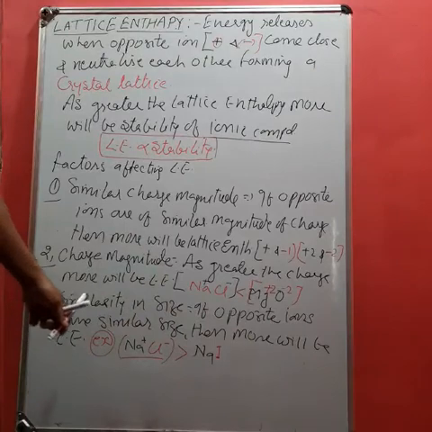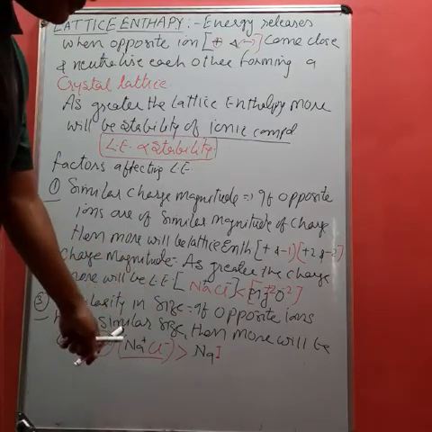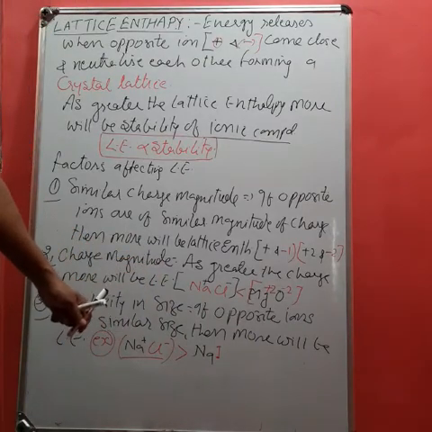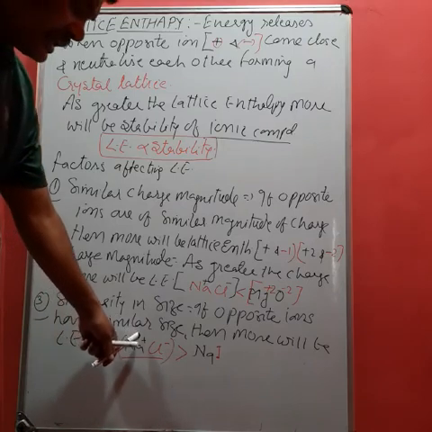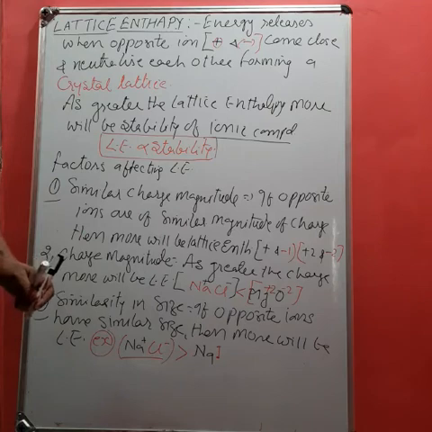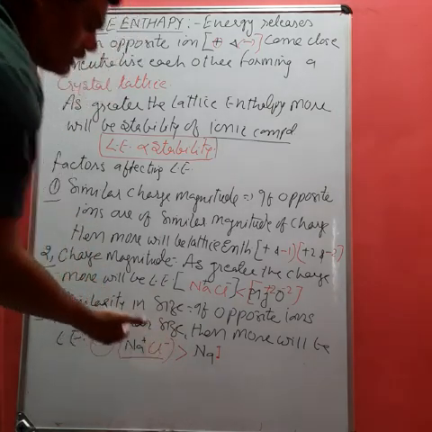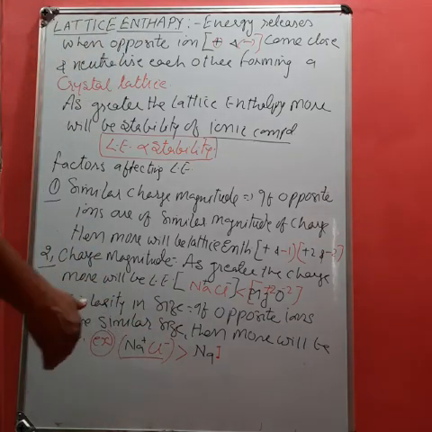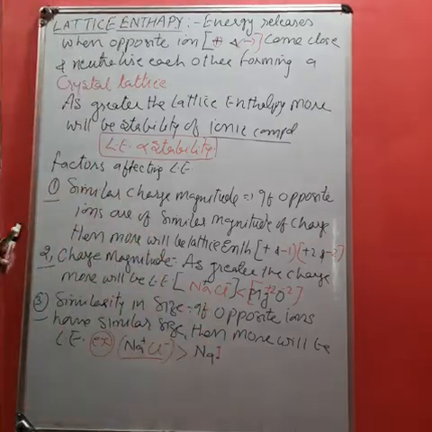So what we can say? We can say the lattice enthalpy of NaCl is higher due to similar magnitude of charges being present, one thing, and second thing, what? Their sizes are similar, while in the case of NaI the sizes are dissimilar.